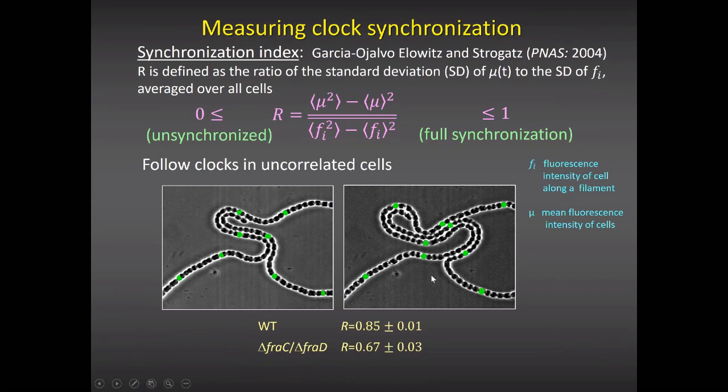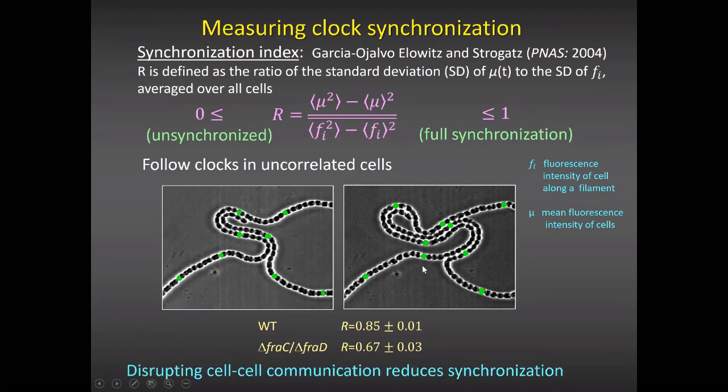So we found that in the wild-type background, this index is about 0.85, which is quite a high value. However, when we deleted the septal proteins in this background, we found that the value is significantly smaller. So disrupting cell-cell communication reduces synchronization.